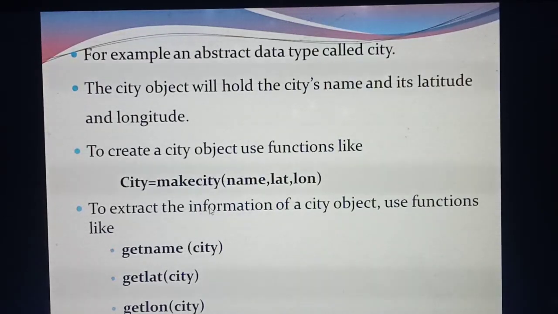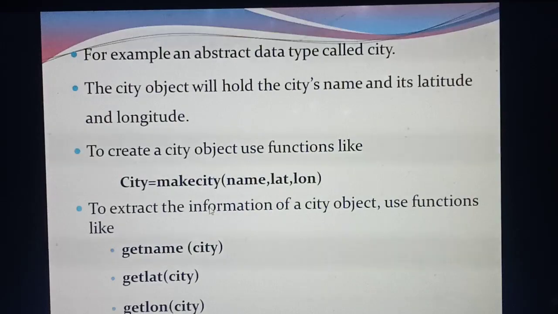City is an object, and make city of is a function. Inside that function, what information are you giving? Name, comma, latitude, comma, longitude. In the constructor you have studied, a constructor will create an object, and that object will hold a bundling of different pieces of information. So what information is bundled together here?